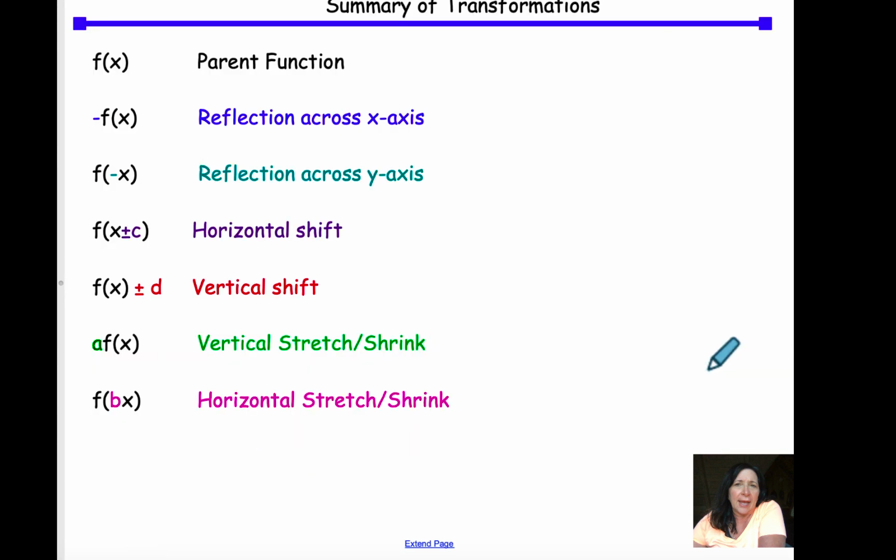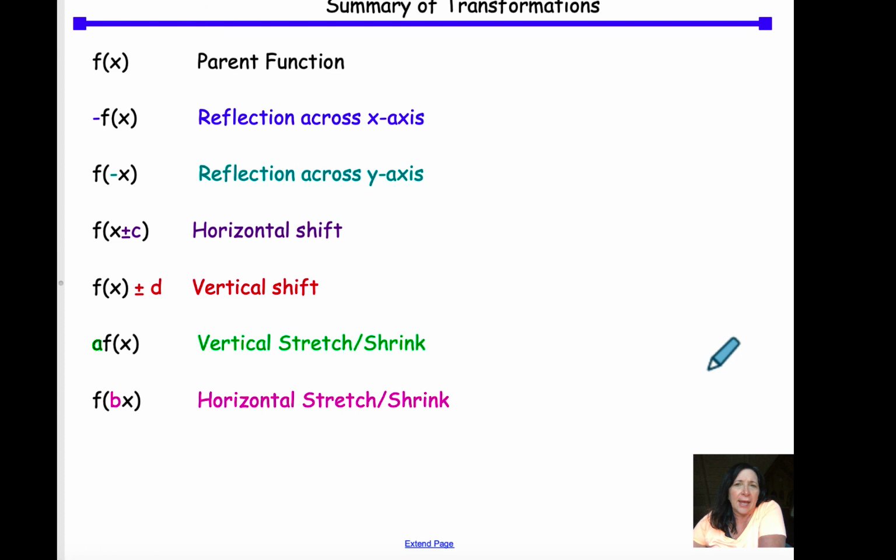So just a couple of things. We have a parent function, we have a reflection across the x-axis, we have a reflection across the y-axis, horizontal and vertical shifts, and then we've got our stretches and shrinks. And again, those two are going to give me very similar outcomes.